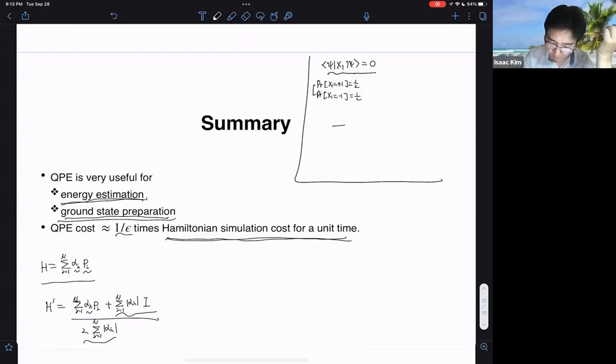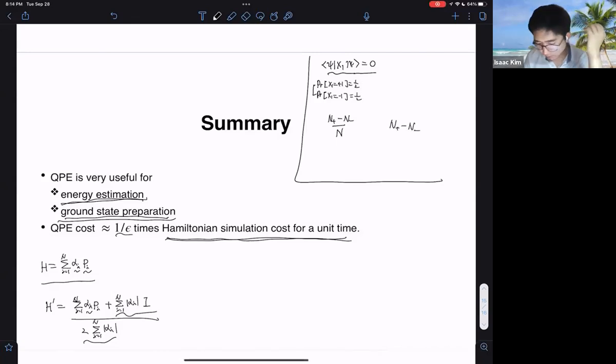Let's say we measure n times, then n plus is the number of times that we measured plus, and n minus is the number of times that we measured minus. So this would be the average value.